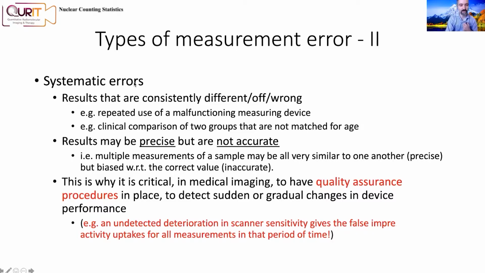So it's consistently giving you wrong answers. And if you're comparing two groups that are not matched for age, for example. So results may be precise, but are not accurate. Okay, so this is the difference between precision and accuracy.